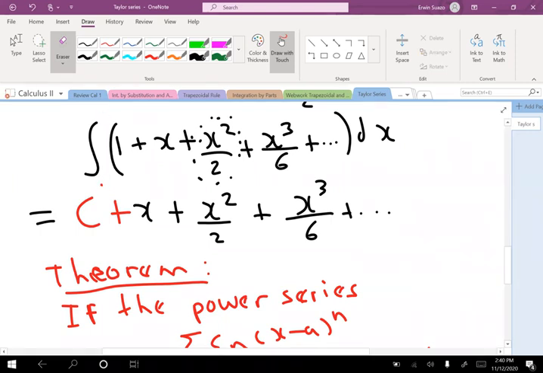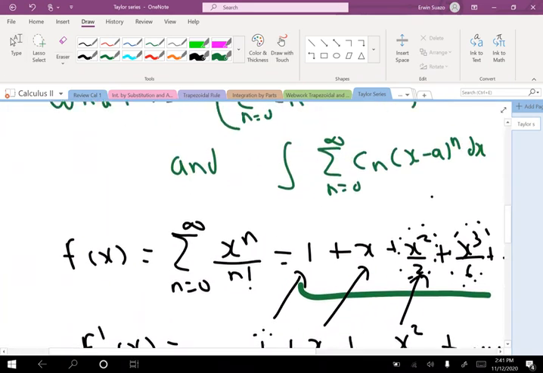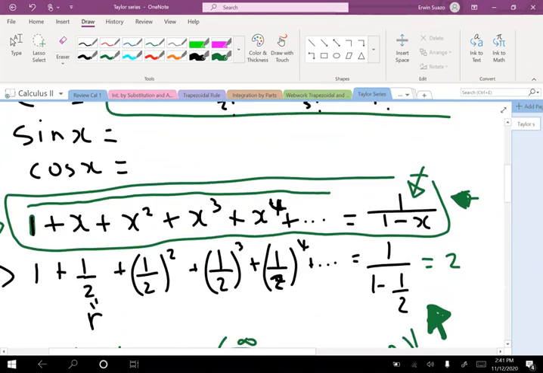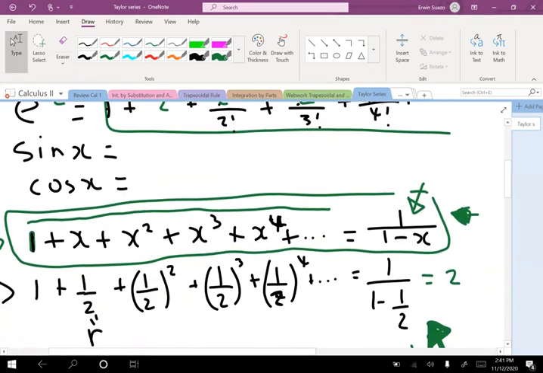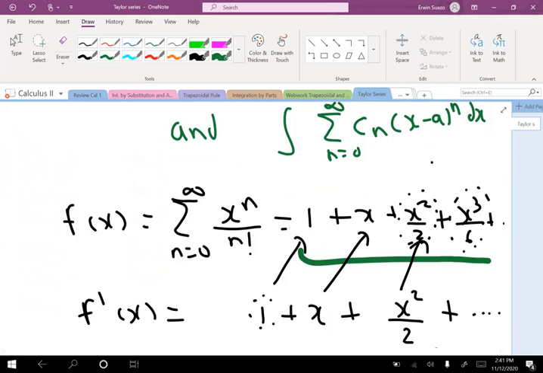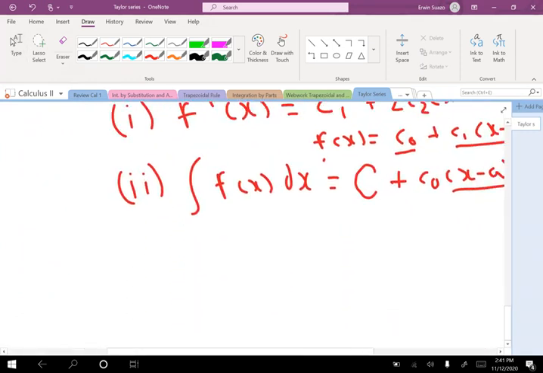We will have to figure out the constant somehow. The whole point is that, given a power series, you can find the derivative and you can find the integral. And this is extraordinarily useful in real science.